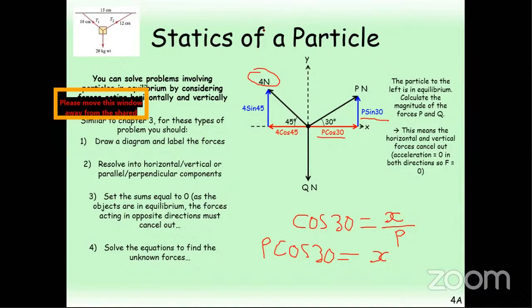Now, when we come to the Q, it is only on the y-axis, so it will not have a horizontal component. Is that clear? Yes, sir. Okay, so let's proceed.